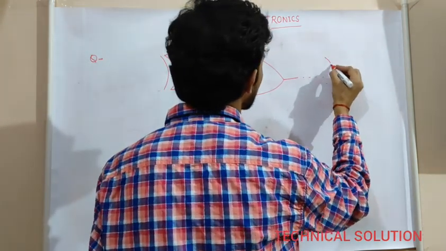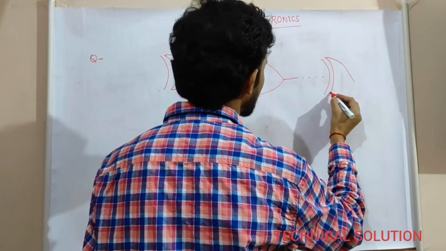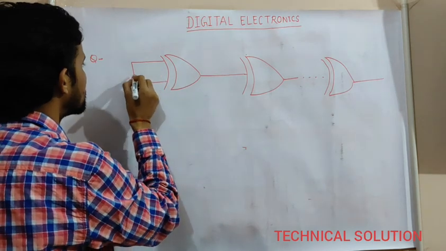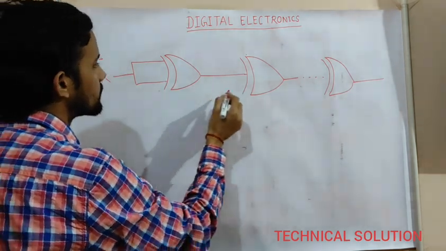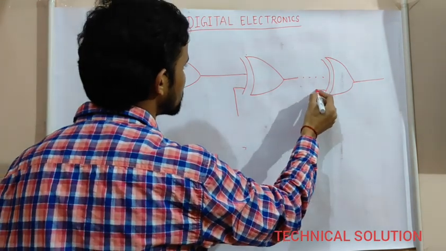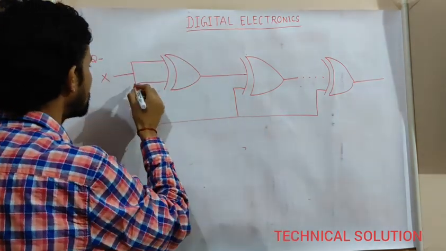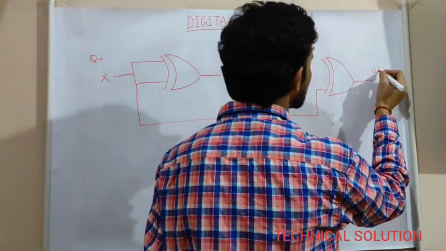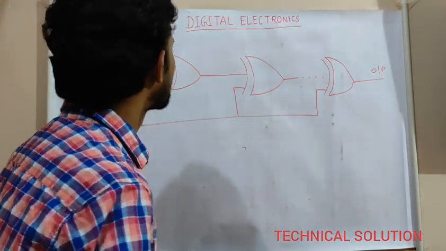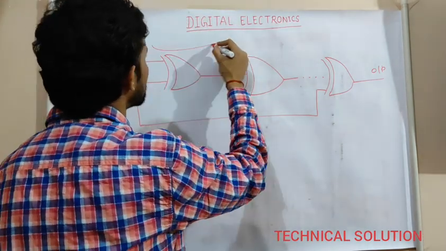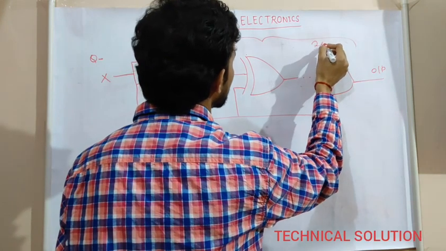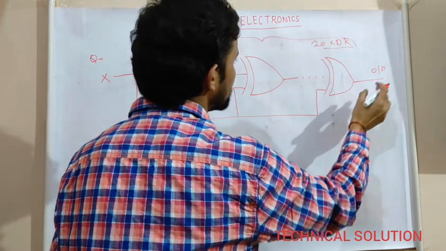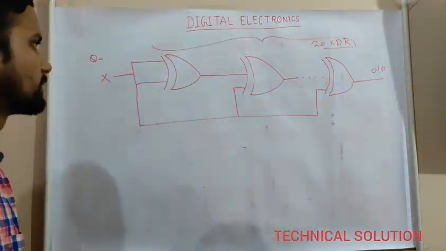There are 20 XOR gates in cascade, and this input is X, and all are connected to this X. What is the output? This is a cascading of 20 XOR gates, and then we get the output after these 20 XOR gates.